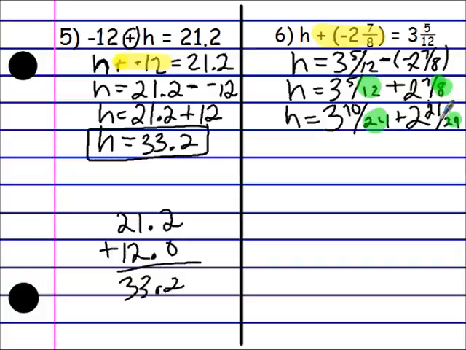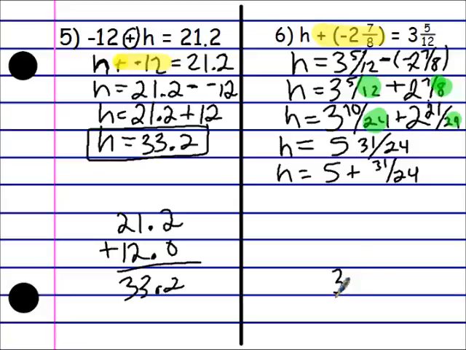And now we're ready to add. So h will equal 3 plus 2 is 5. Denominator is 24. My numerator is 10 plus 21, which will give me 31.